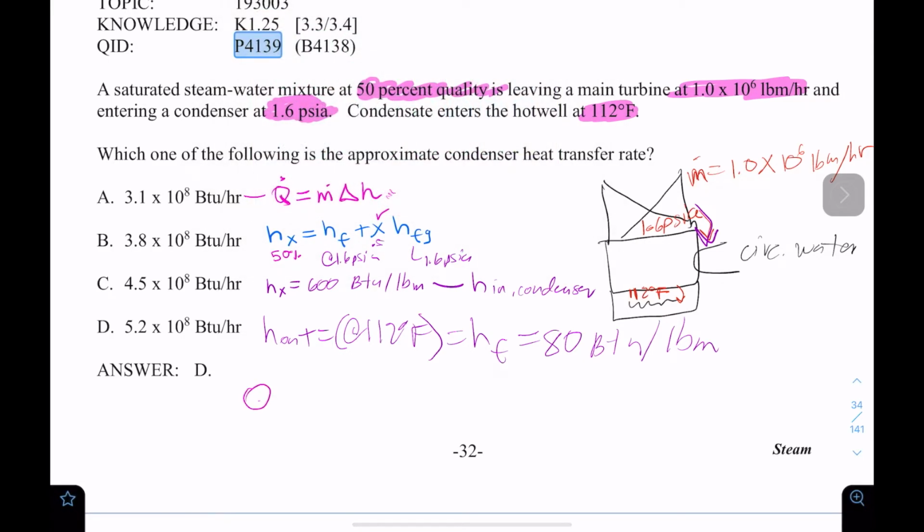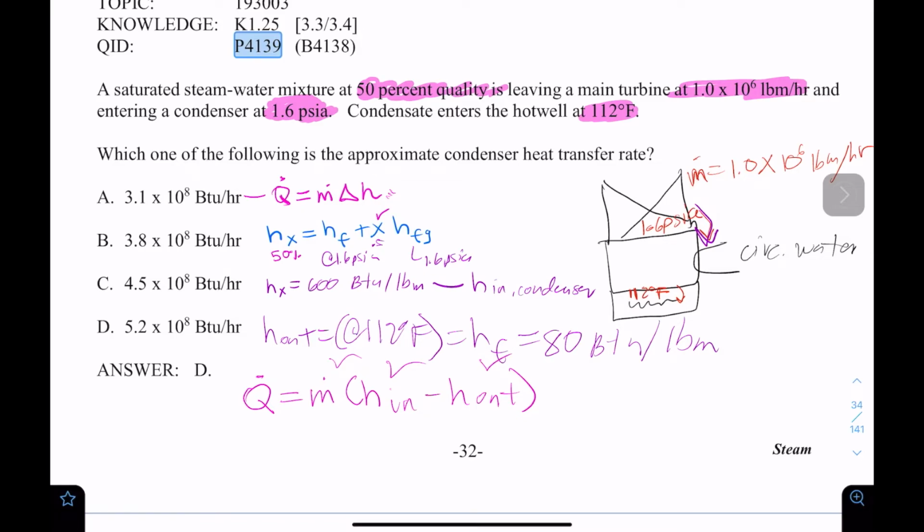So we have our formula: heat transfer rate equals mass flow rate times h_in minus h_out, and we already have all that information there.